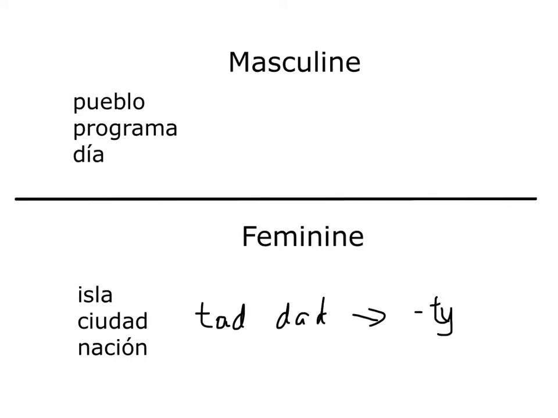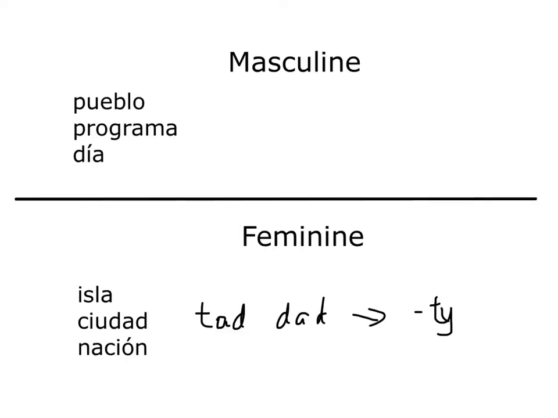Also, words that end in SIÓN or CIÓN, those are also feminine. But what do you do if the word doesn't help you out by looking really obvious, by ending in O or A or TAD, DAD or SIÓN and CIÓN? Then what do we do?